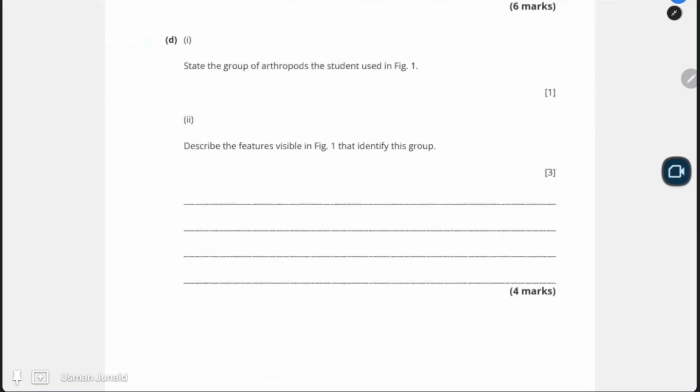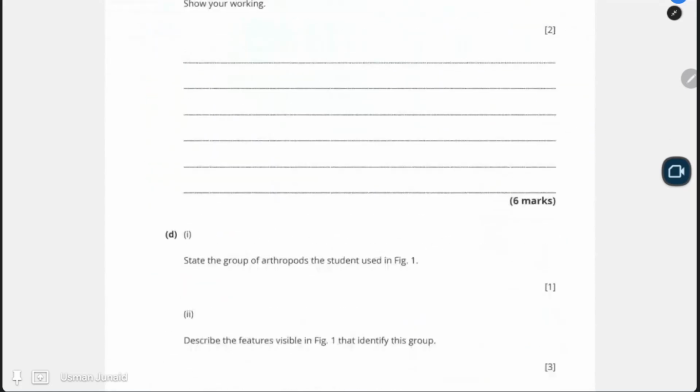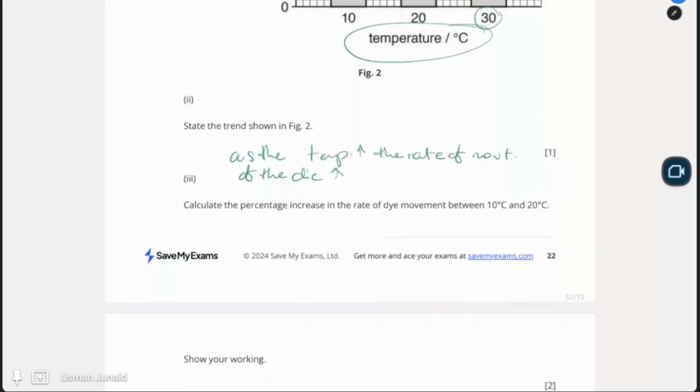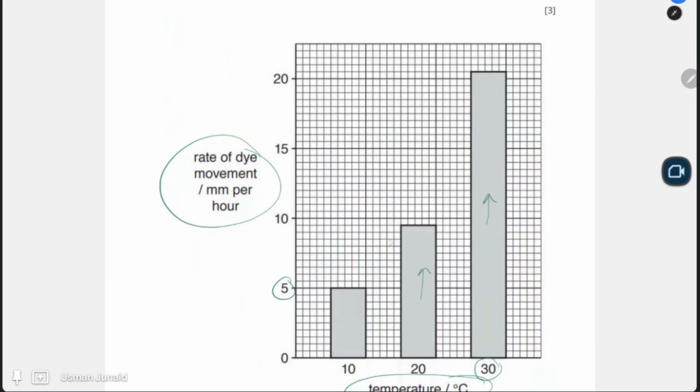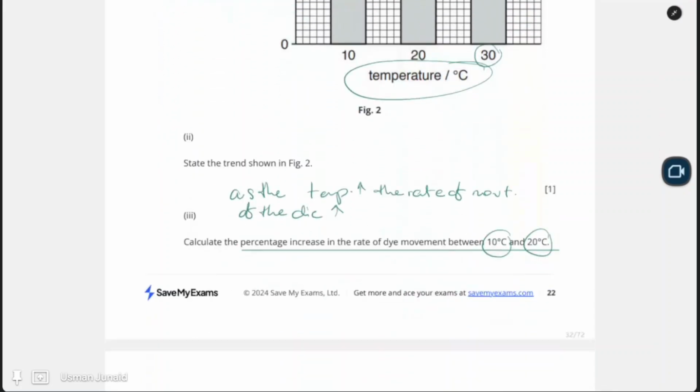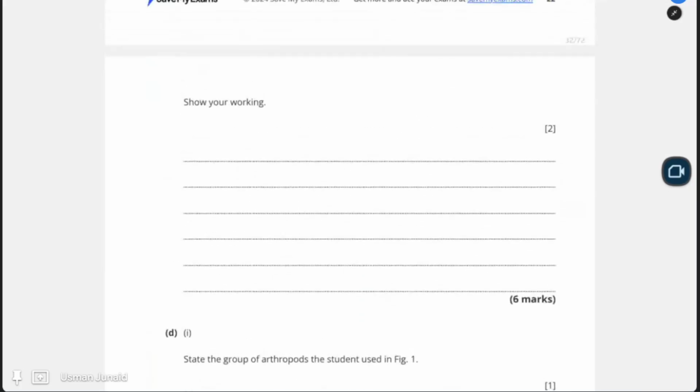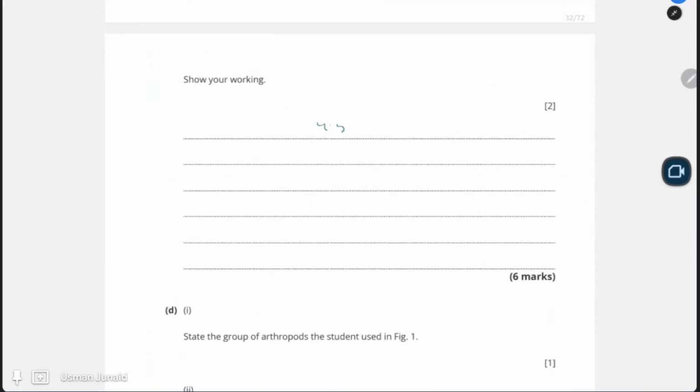Now the second question, we'll end at part D. The second question says calculate the percentage increase in the rate of movement of the dye between 10 and 20 degrees centigrade. So the first is 5 and the second is, let's say, 9.5. So the percentage increase would be 4.5 over 5 into 100.